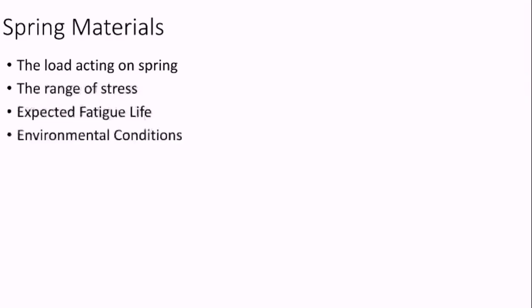Let us now discuss the material of the springs. The selection of the material of the spring depends upon, first, the load acting on the spring, second, the range of the stresses, third, the expected fatigue life, fourth, the environmental conditions in which it is operating, and fifth, severity of deformation.